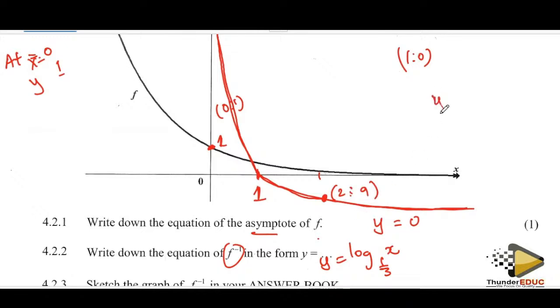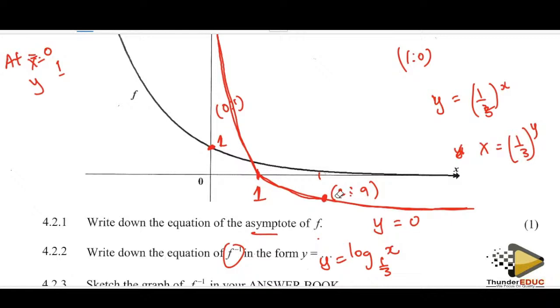Remember, y is it a third or a third to the x? For the inverse, we are changing: x is equal to a third to the y. So it's saying if x is a 2, it's not a 9, guys.